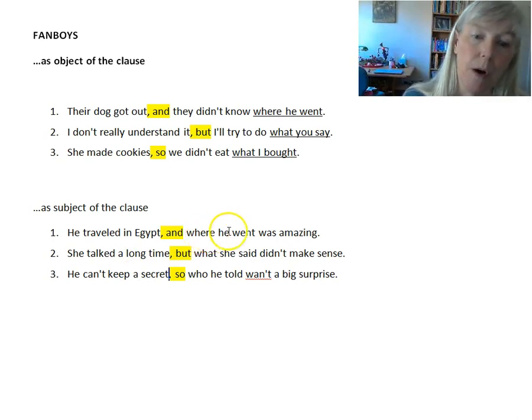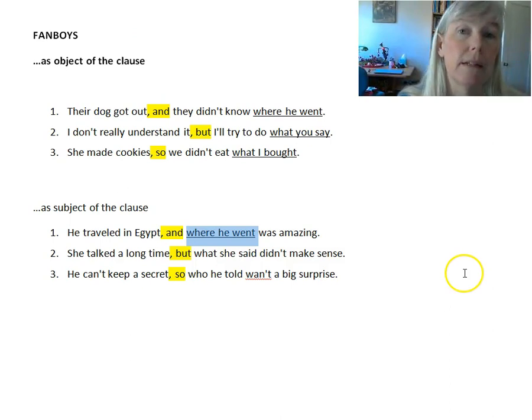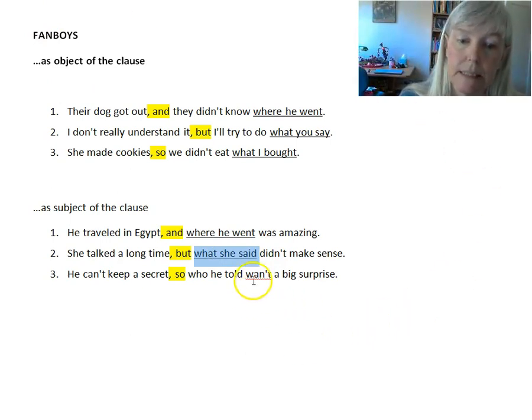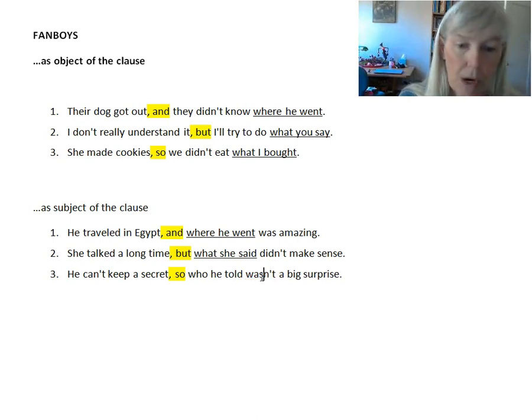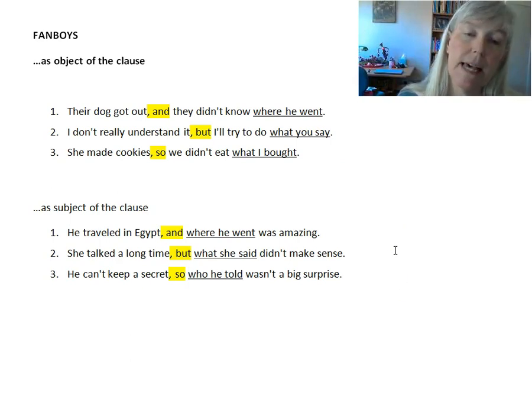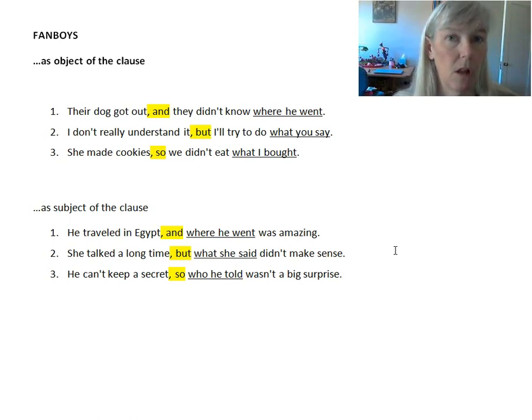Now, in the second part, what was amazing? Where he went was amazing. What didn't make sense? What he said didn't make sense. What wasn't a surprise? Who he told wasn't a surprise. So in this case, the noun clause is the subject of the FANBOYS clause.